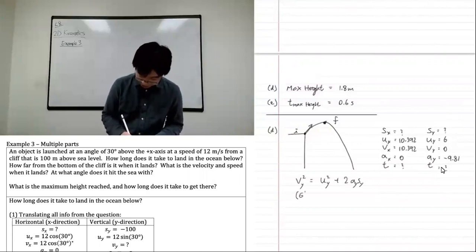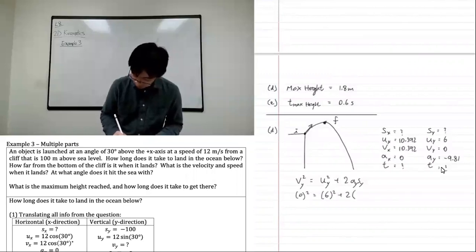And I know uy is 6, sorry, vy is 0. So 0 equals 6 squared plus 2 times minus 9.81 sy. And I can rearrange that. So sy equals 36 over 2 times 9.81.